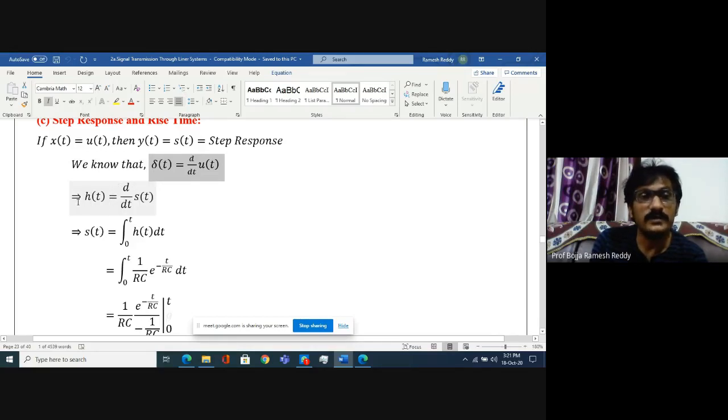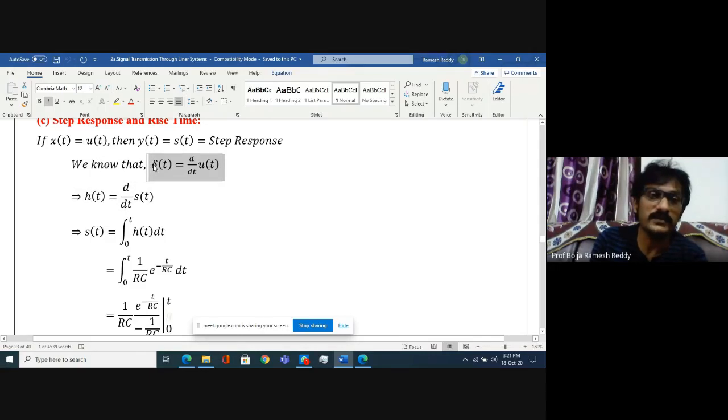Differentiation of the unit step signal is nothing but the impulse signal. What is s of t? Step response. Step response means if the input is u of t, then the output is called the step response for any system. If the input is delta of t, then the response is called the impulse response. Impulse response is nothing but the output of a system when the input is delta of t.